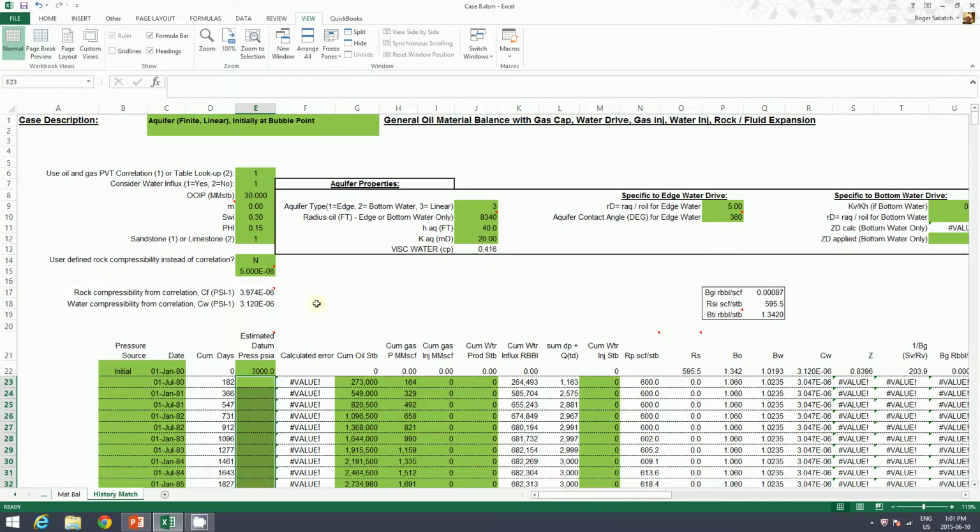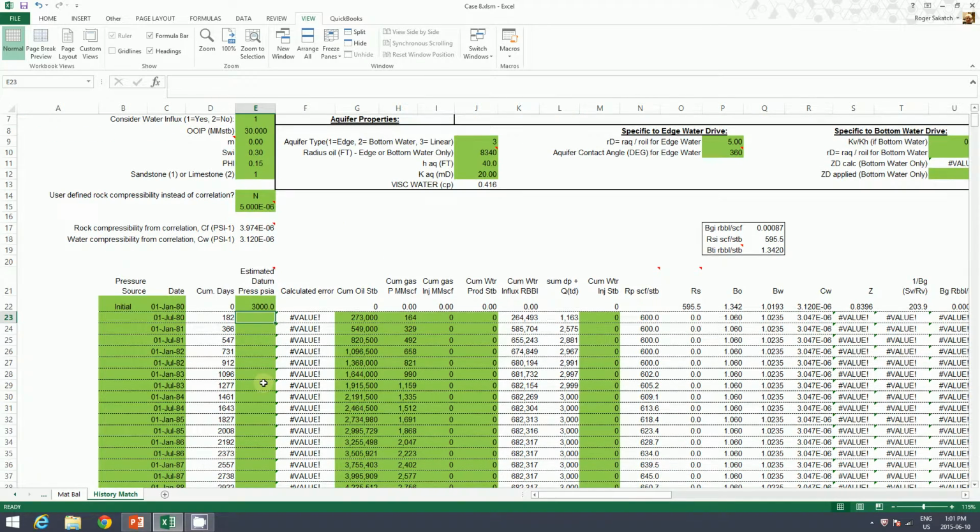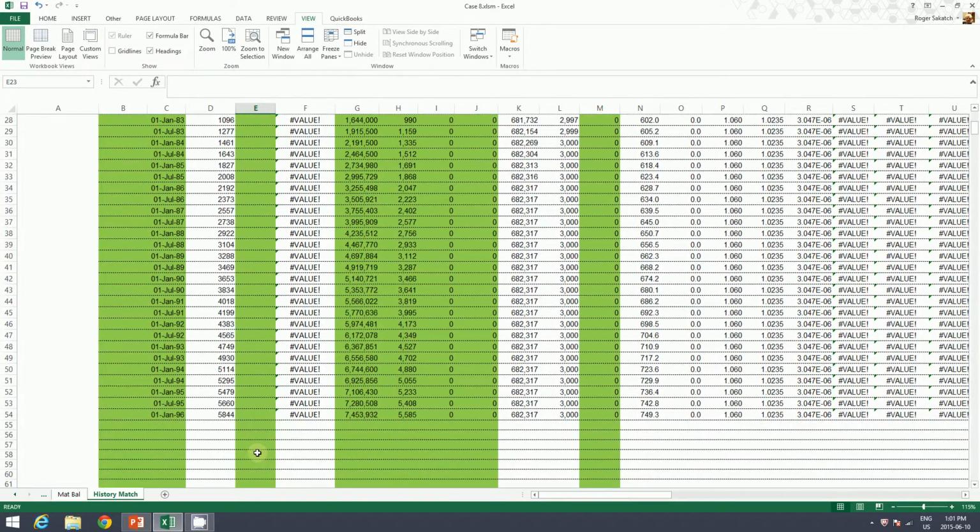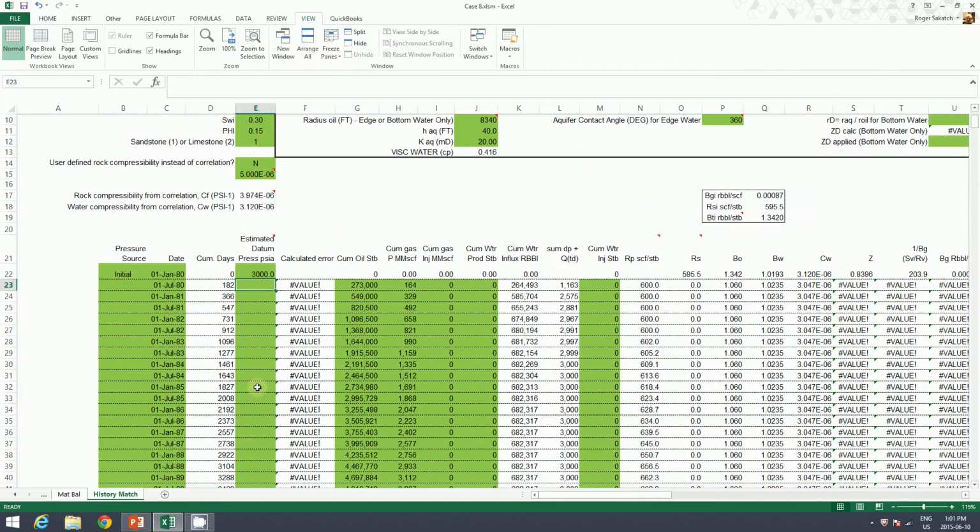Okay. So again, in order to generate those numbers, I'm not going to do this. I've already got the numbers. I've already done the work, so I'm just going to explain to you how I did it. Typically, I'll put in a number here that's slightly less than the initial pressure, and I'll copy it down to all the cells where we need to calculate, and then I'll simply hit Control S, and that will run a macro that will iterate on a line-by-line basis and determine what those values are.